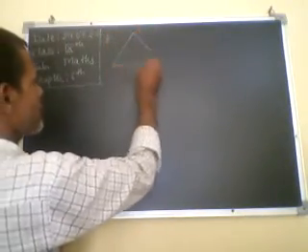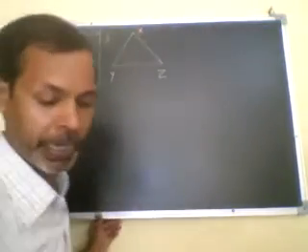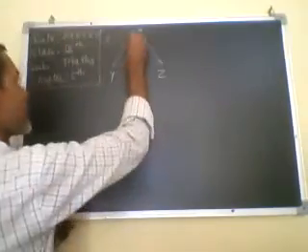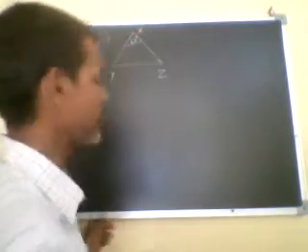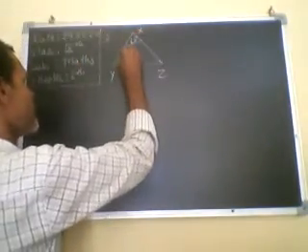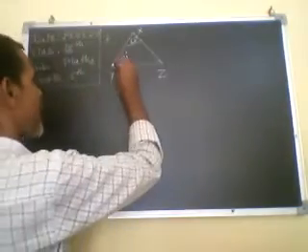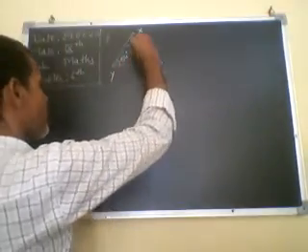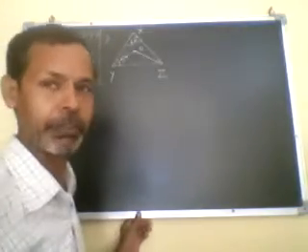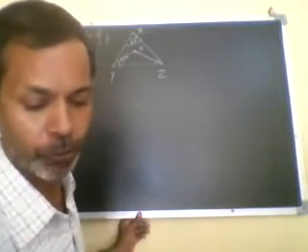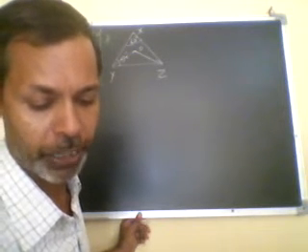Angle X is given as 62 degrees, Y is given as 54 degrees, Z is not given, but YO is the bisector of angle Y and ZO is the bisector of angle Z. It is given. And you have to find two angles, OZY and YOZ.